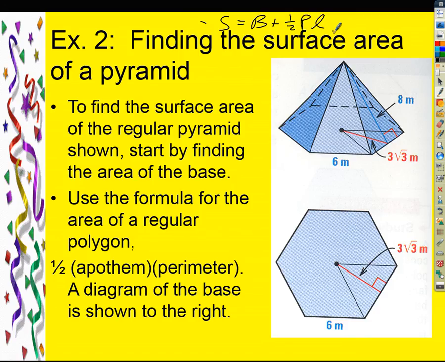Yeah, 6 times 6. So P equals 36, and the units will just be meters. I'm not going to write the units down. What about the slant height? They give us the slant height, don't they? It's 8. So the lateral area is just 1/2 times 36 times 8, whatever that is. No big deal.